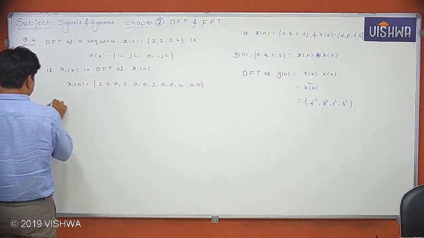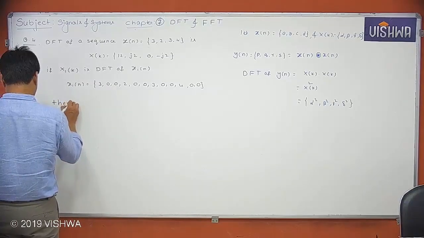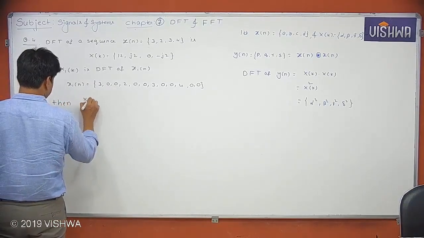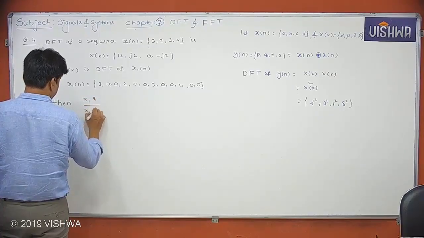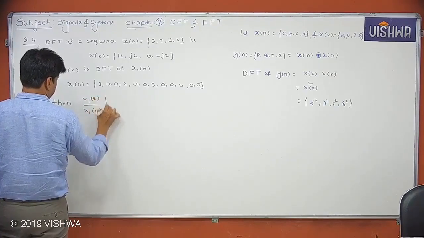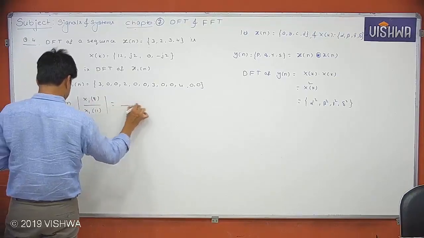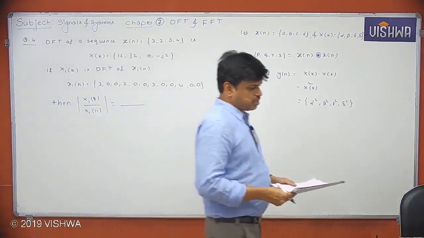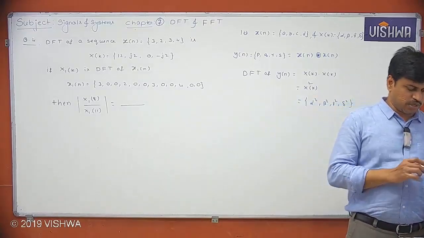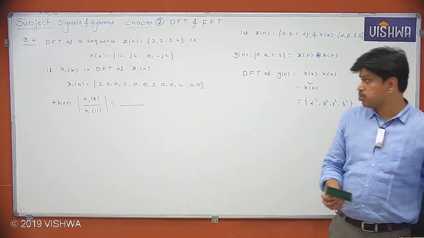Then the modulus of x1 of 8 by x1 of 11 is dash. It is actually the interpolation formula.